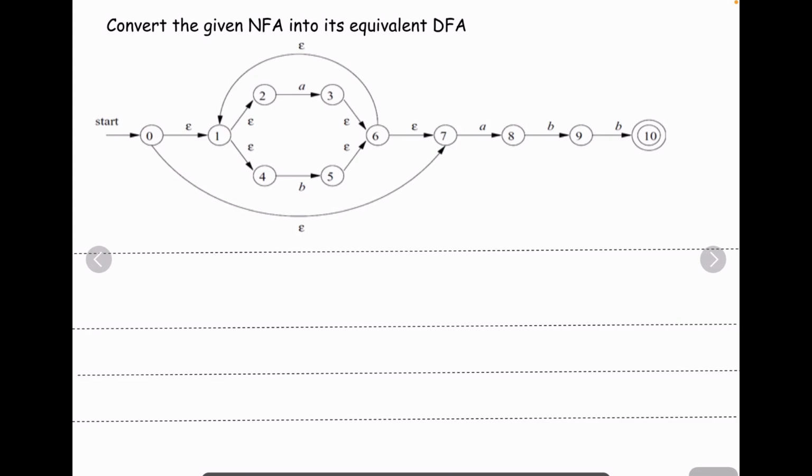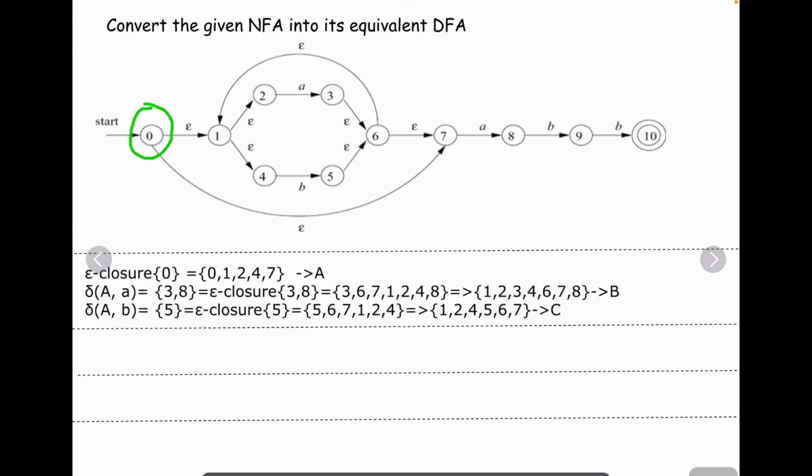First you have to find the e-closure of 0. What is the e-closure of 0? From 0 you can reach 1, 2, 4 and also 7. So e-closure of 0 is {0, 1, 2, 4, 7}.